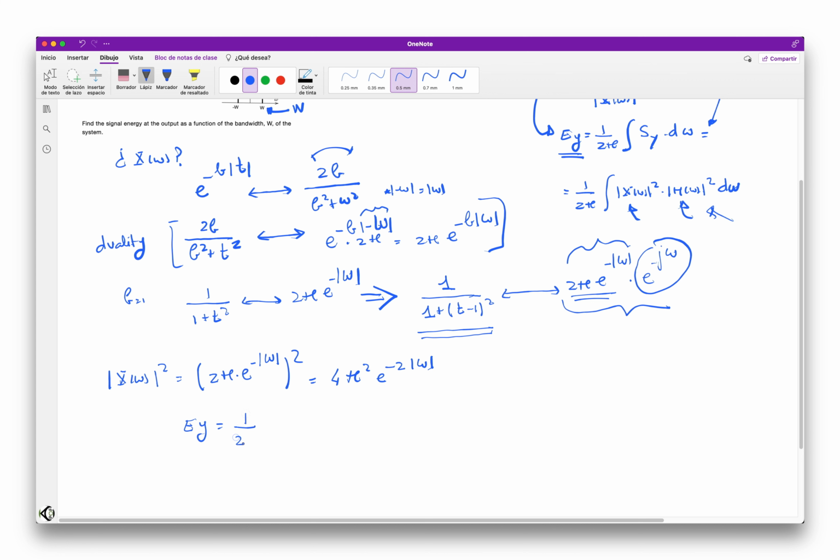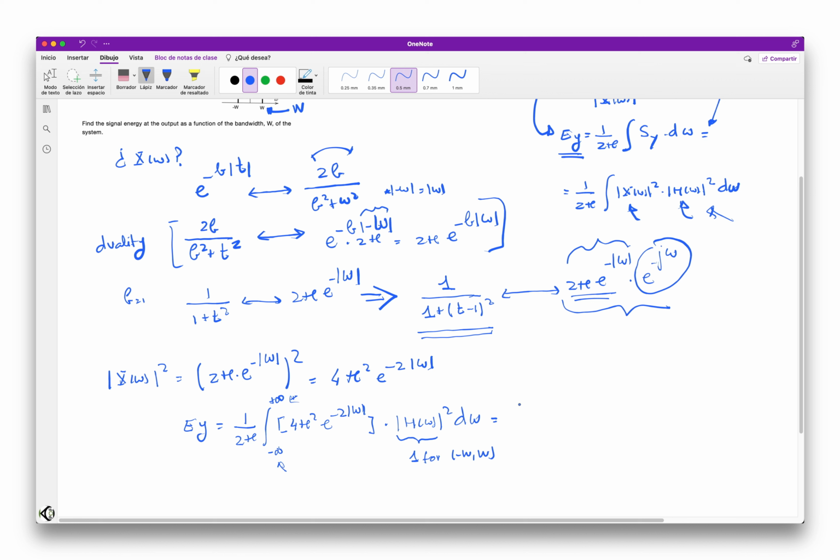It will be 1 divided by 2 pi times the integral of the square of omega, which is 4 pi squared e to minus 2 absolute value of omega, times modulus of H omega squared d omega, and this in principle is from minus infinity to plus infinity, but we know that H omega is only 1 for the interval between minus capital W and plus capital W, which we express just by changing the integration limits.